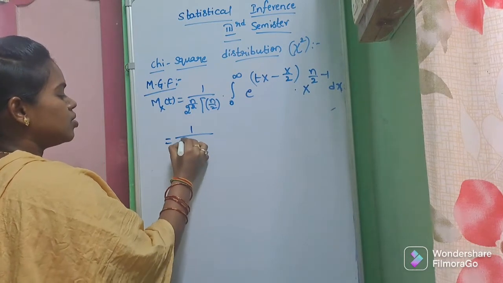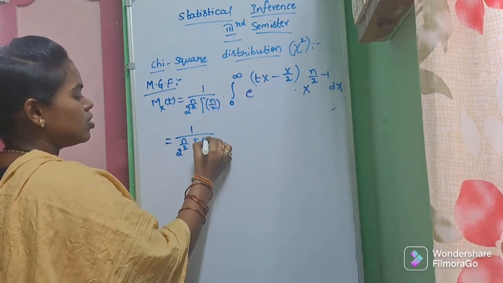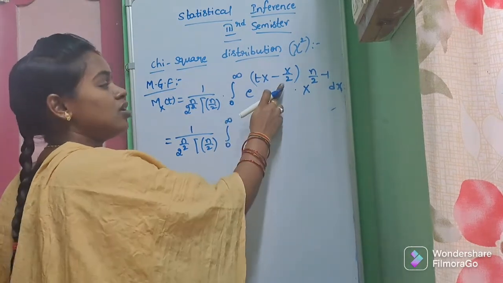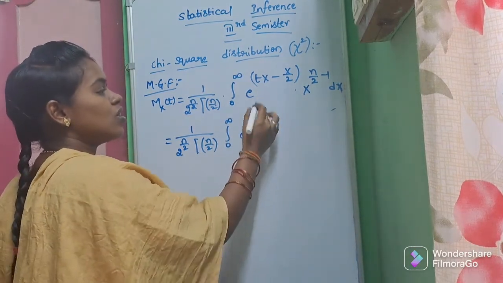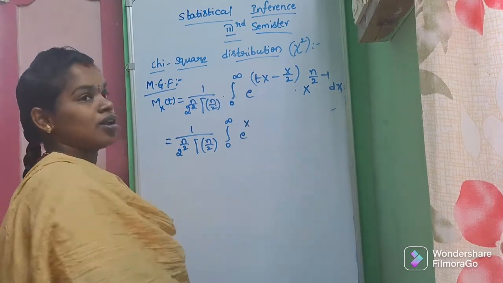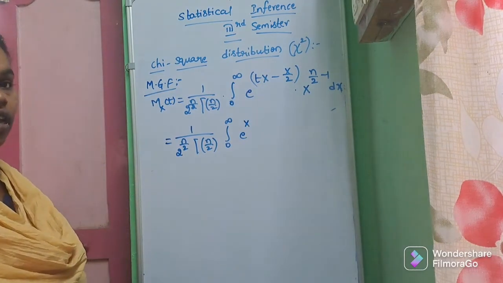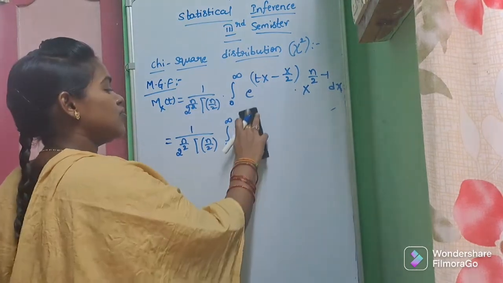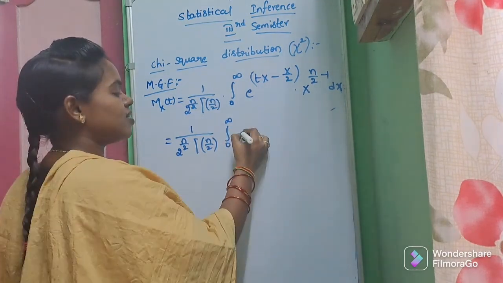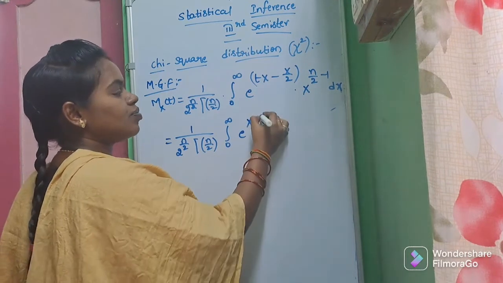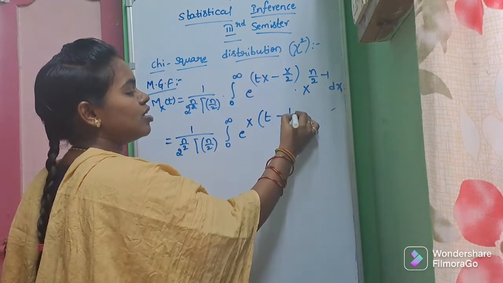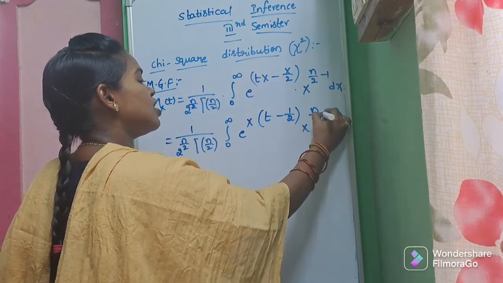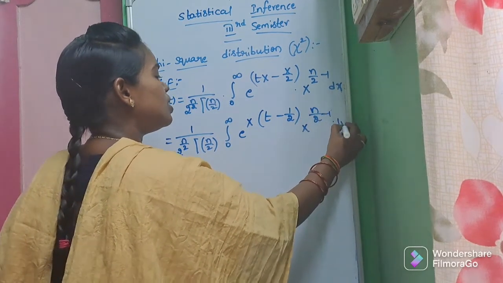1 by 2 power n by 2 gamma of n by 2, integral from 0 to infinity. Take x as common; I am taking not only x, I am taking negative x. If you are getting confused, first take x: e power x into t minus 1 by 2, and x power n by 2 minus 1 remains, into dx.